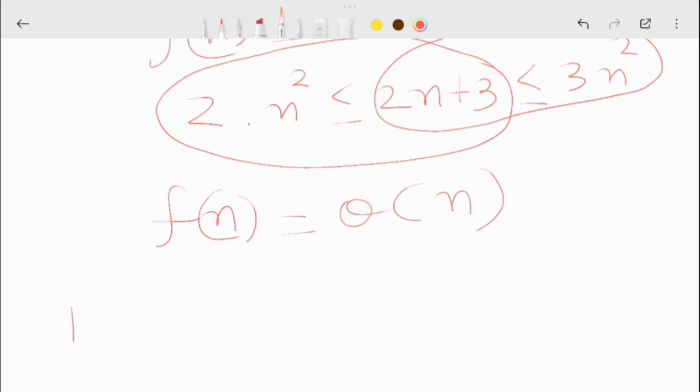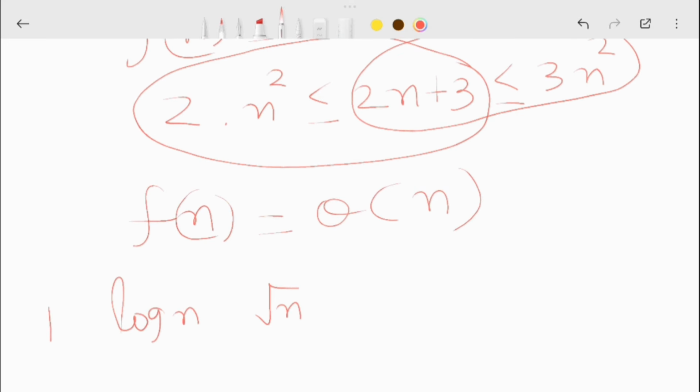For the size of input n, the algorithm can take log n time to complete. The next case is root n: it can take square root and then cube root, so that also can be included. Next is n, and then n log n time complexity.